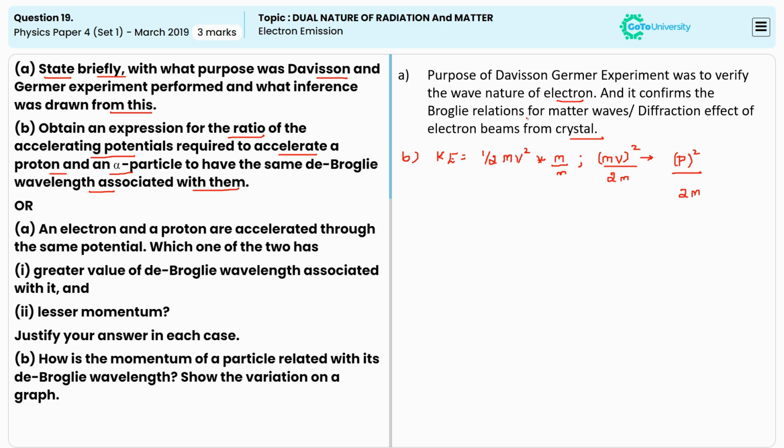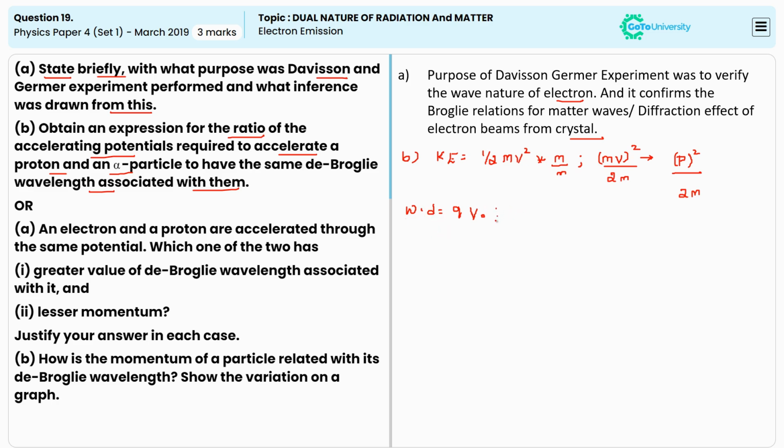The work done is equal to Q times the accelerating potential, that is, the accelerating potential is V0. Then this is equal to the kinetic energy. Work done is equal to kinetic energy.